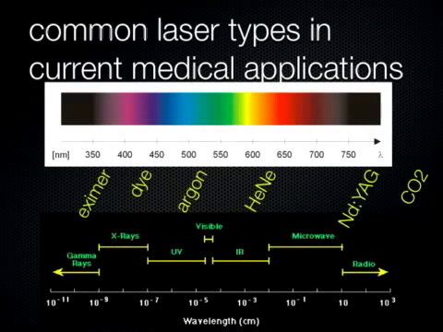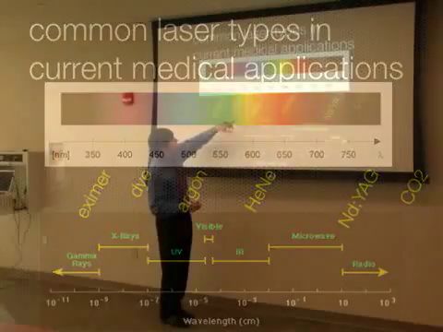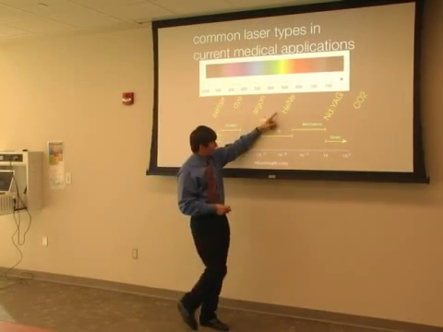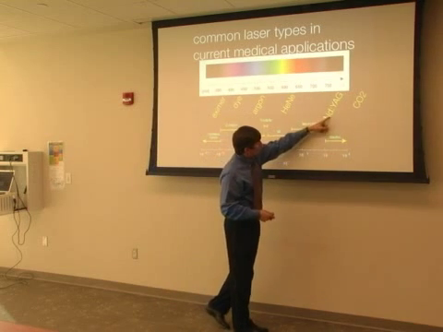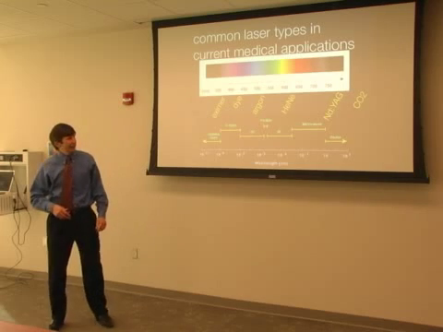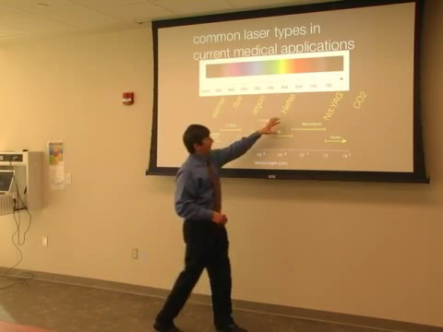So if we look at the broad spectrum of the visible wavelengths, we typically call energy in these bands lasers. They're called excimer if they're down here on the violet end, there are dye lasers, argon in the middle, helium, neon, neodymium, yttrium, aluminum, garnet, or Nd:YAG, over here on the red end.